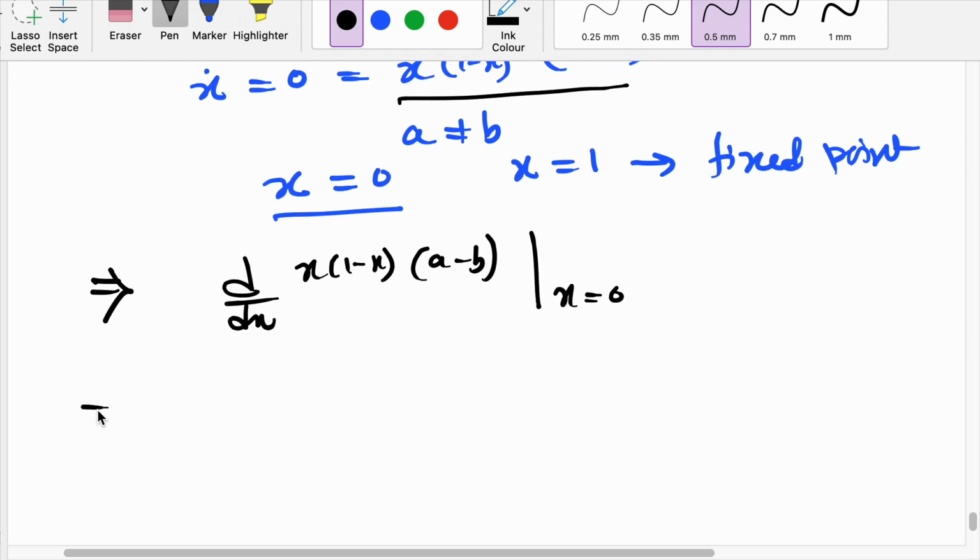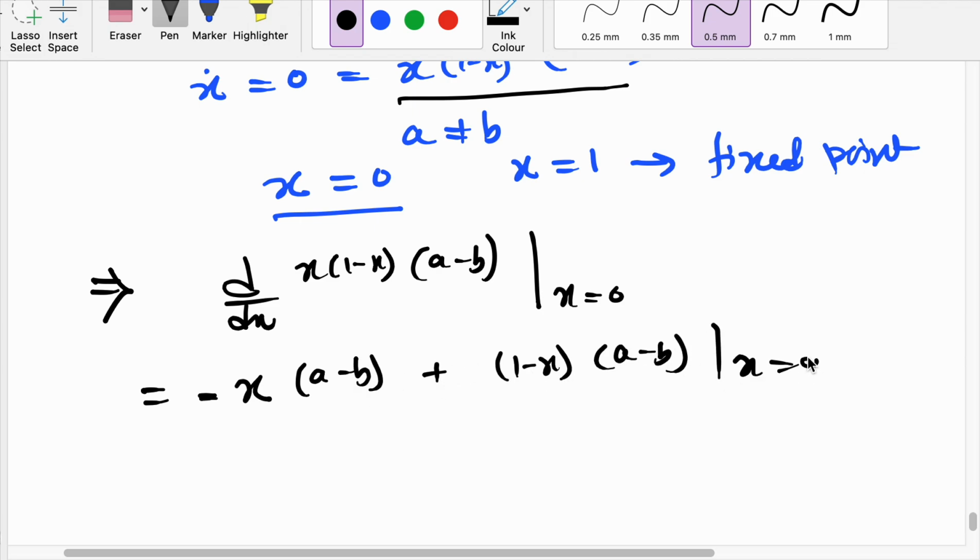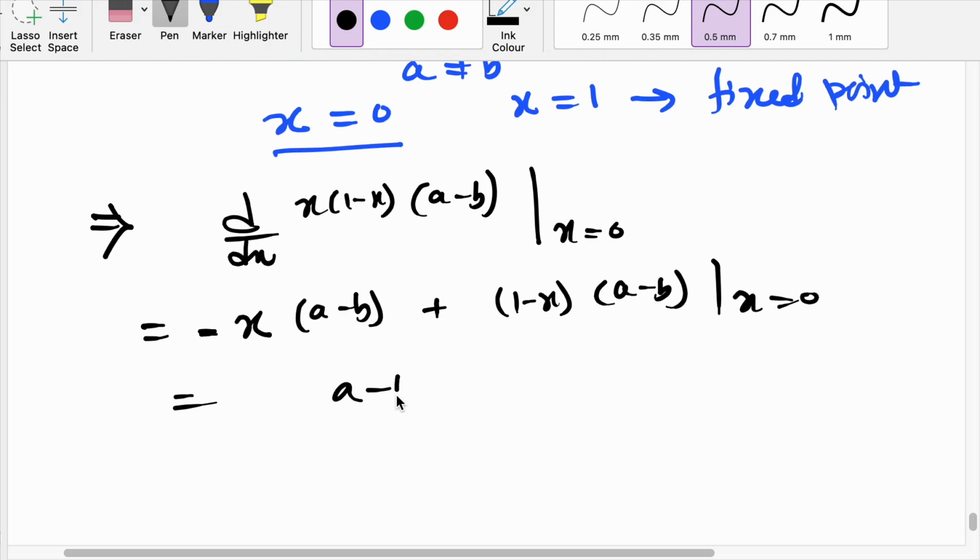So this will give you (a - b) times (1 - x) plus x(1 - x)... at x equal to 0. So you will get a minus b.